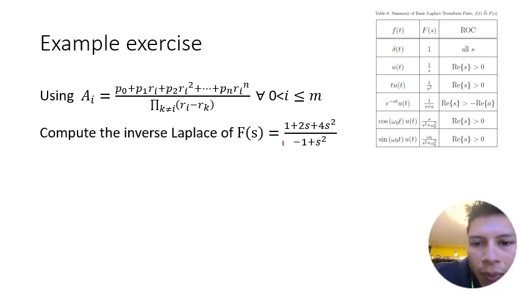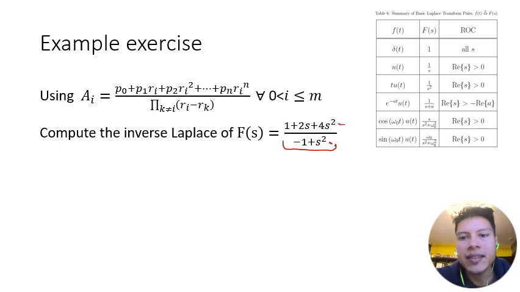So let's say I want to compute the inverse Laplace transform of this. As you already noticed, the order of the polynomials are the same, which means that a0 will not be 0. Okay, so first we need to find the roots. In this case, we have s squared minus 1, which gives us s plus 1 times s minus 1.